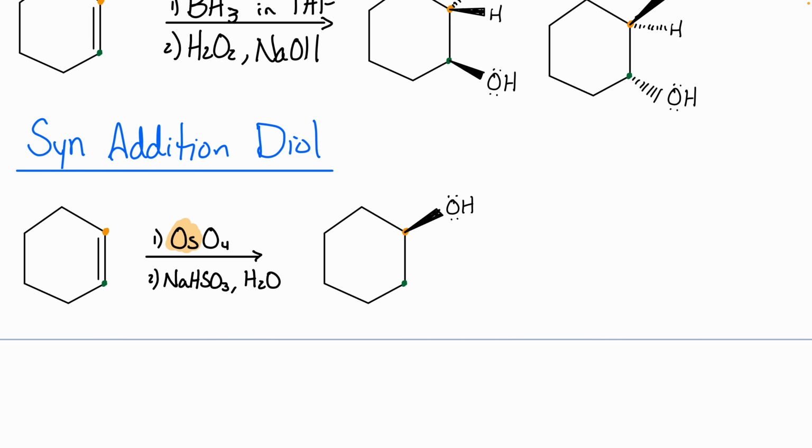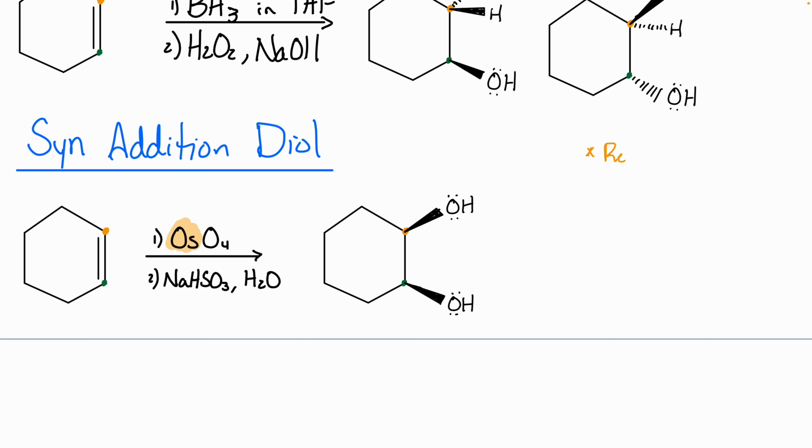This syn addition diol. Also going to go on a wedge. And remember, our cis rings here are these plane of symmetry meso compounds, so I only have to include that one structure.